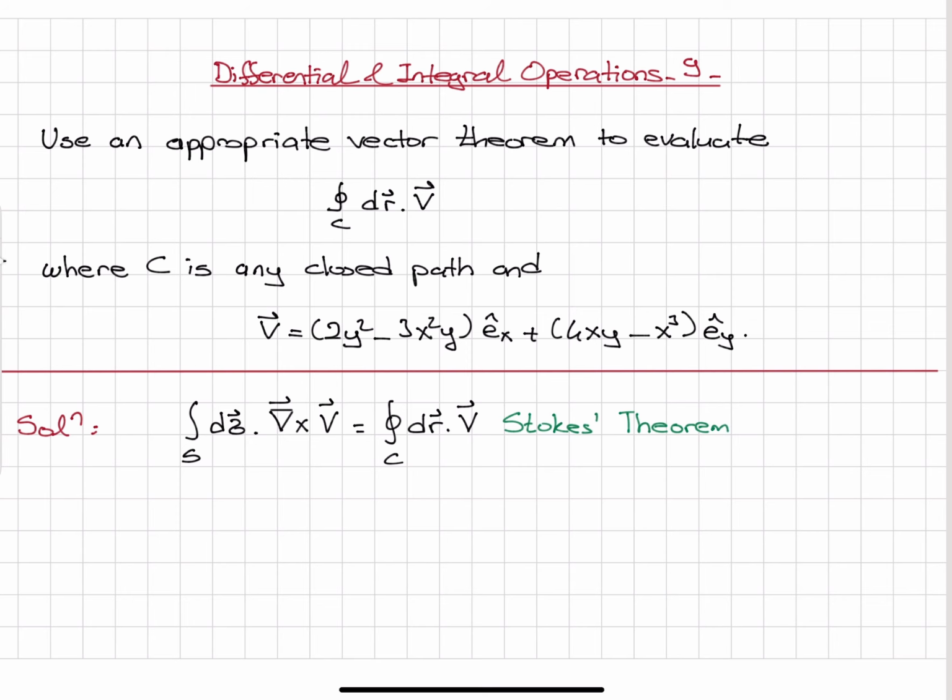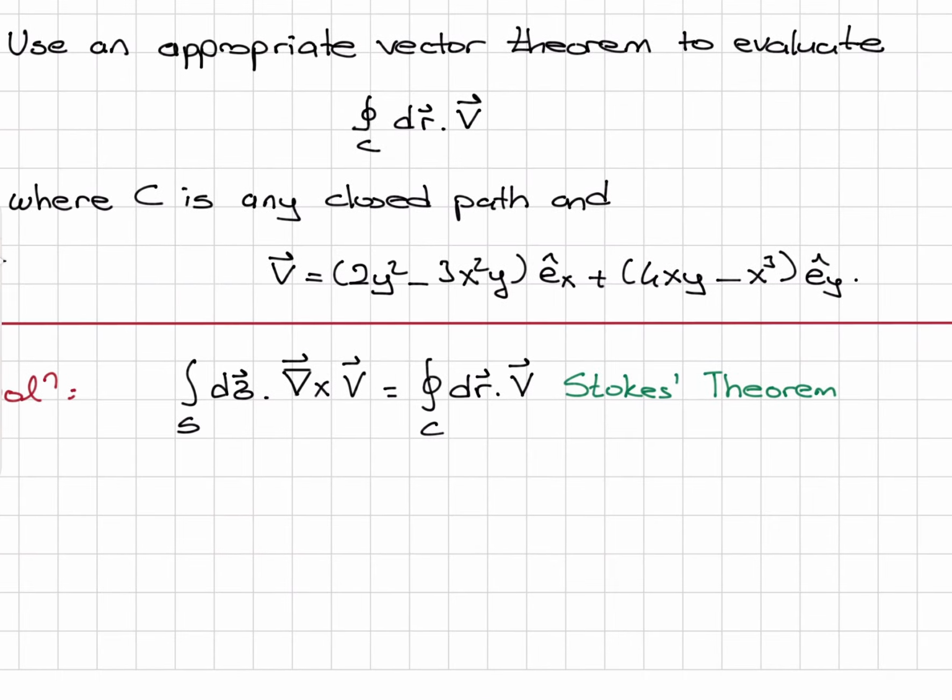To use this theorem, now we need the curl of vector v. So let's evaluate the curl of v using the determinant. Curl of v is equal to ex hat del x, component 2y² − 3x²y.